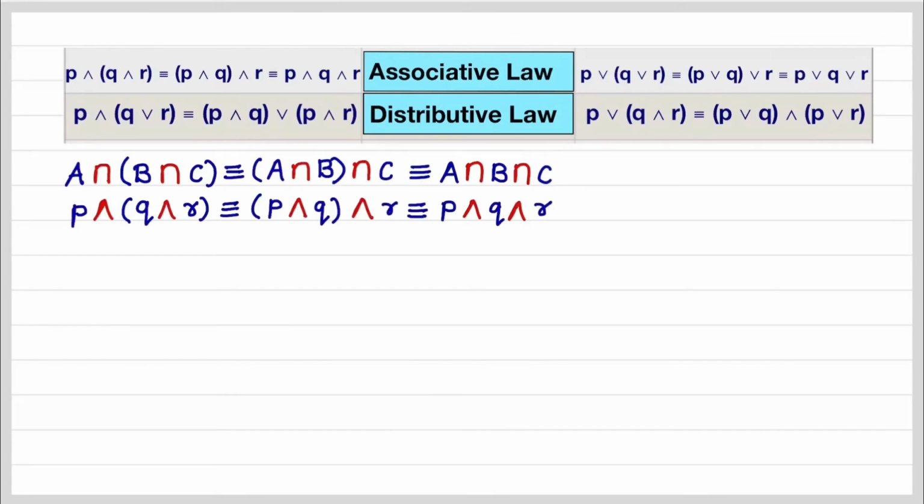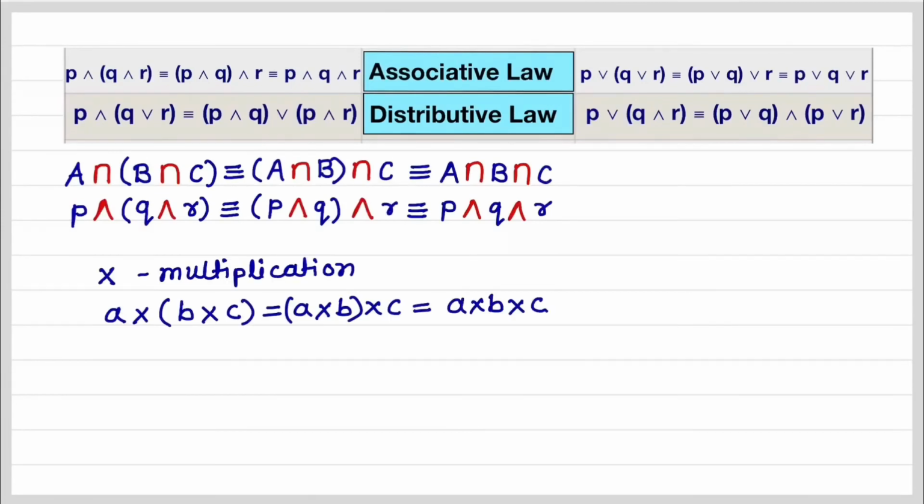Or you can consider this as multiplication. We know the associative law is true for multiplication also. A into B into C is equivalent to A into B into C. Use any one, either set theory or this multiplication.